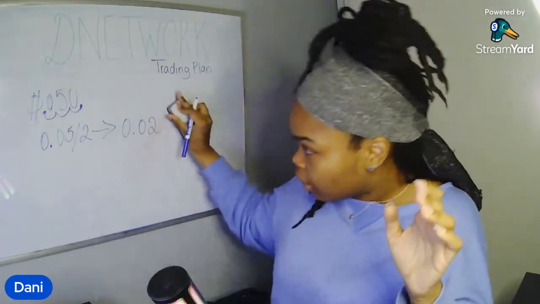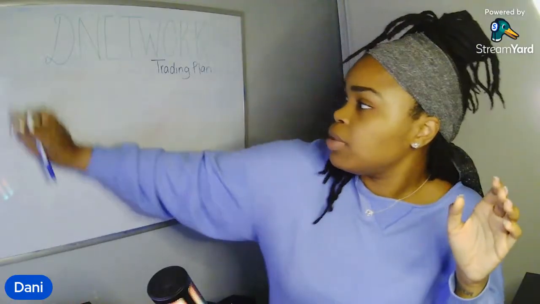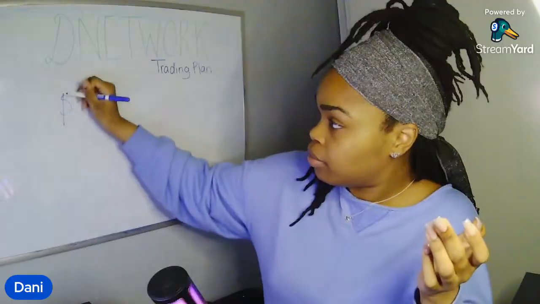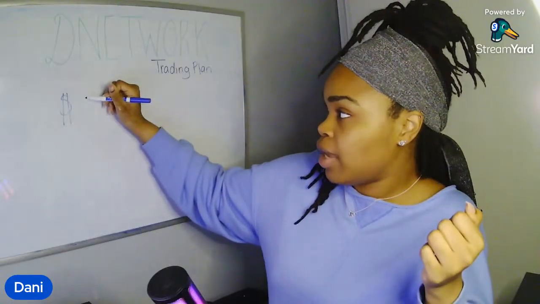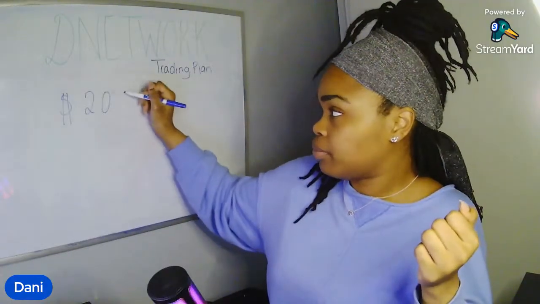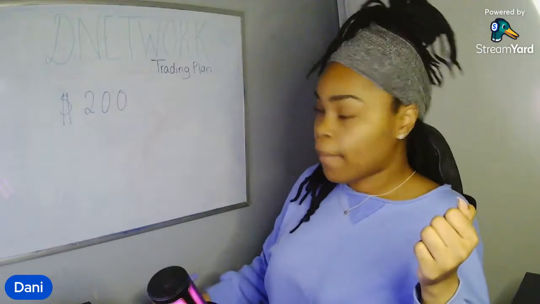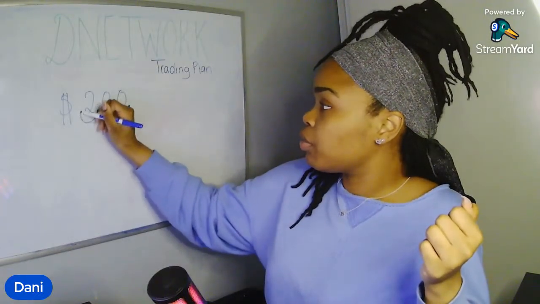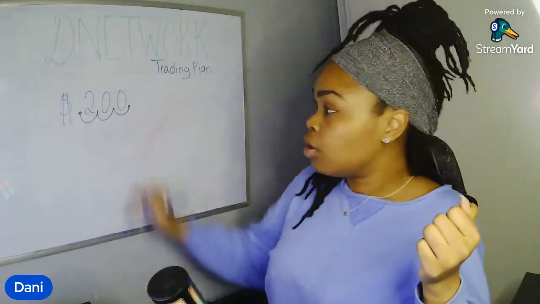Let's do a different account size, because it's going to be different depending on the capital that you have in your account. Let's say you have a $200 account. You're going to move the decimal 1, 2, 3. You're going to bring it down.